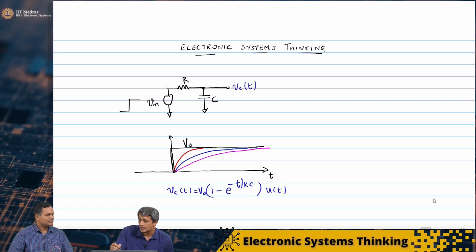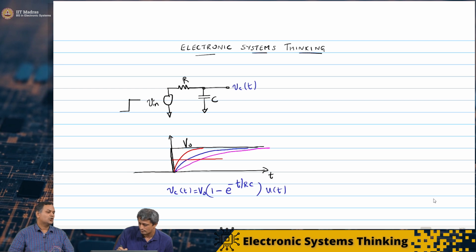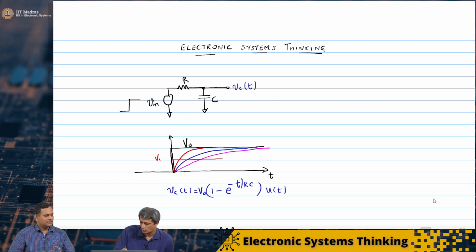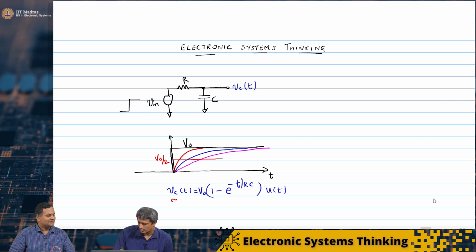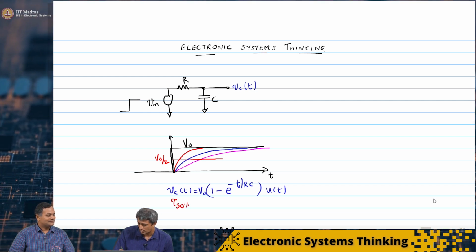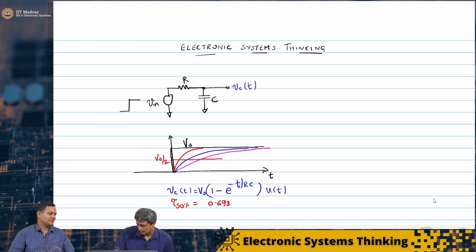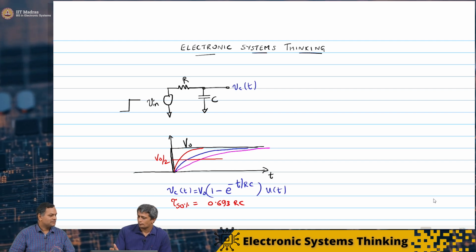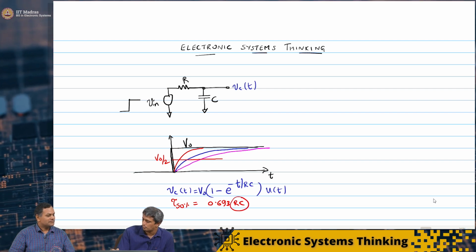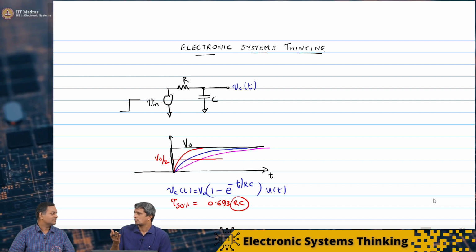Therefore we decided to simply look at the 50% time, when the voltage reaches V naught by 2. What we found was that t 50% was 0.693 RC.